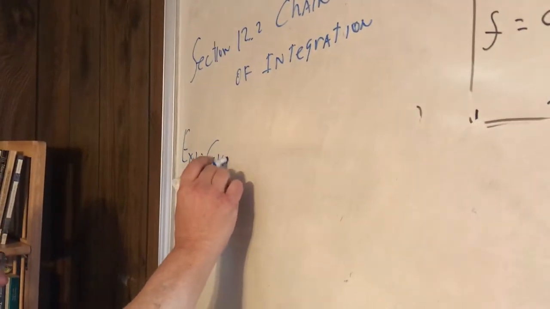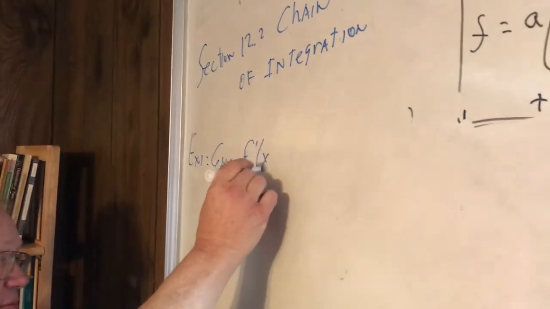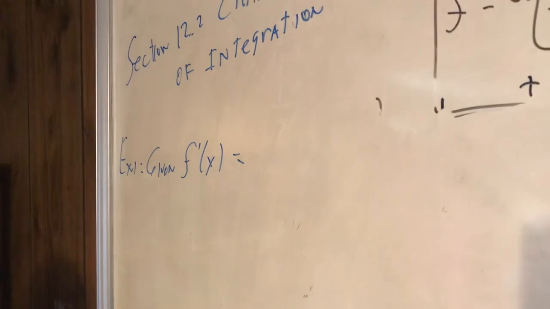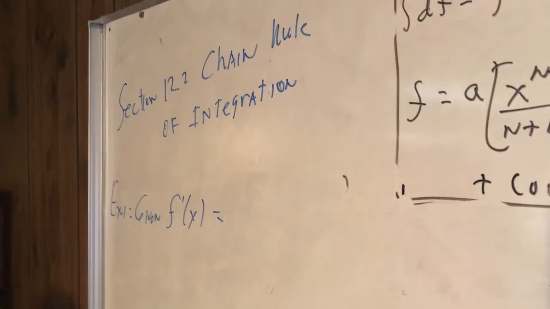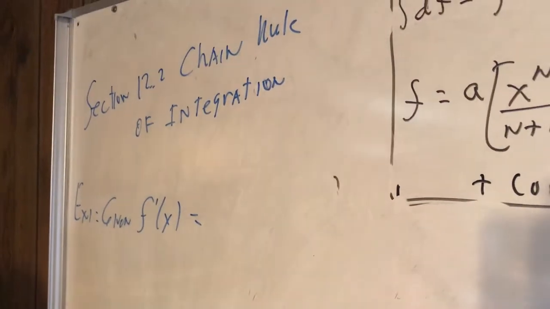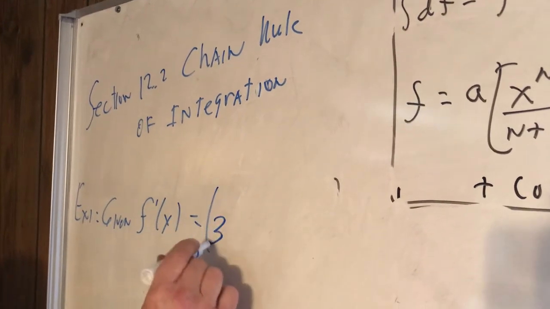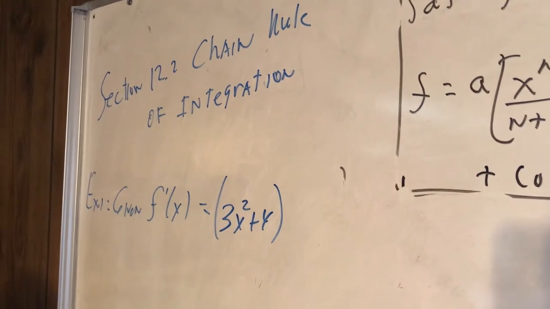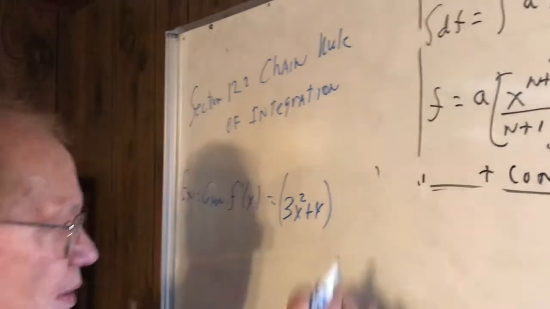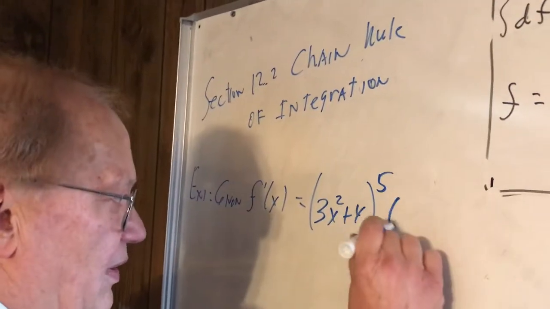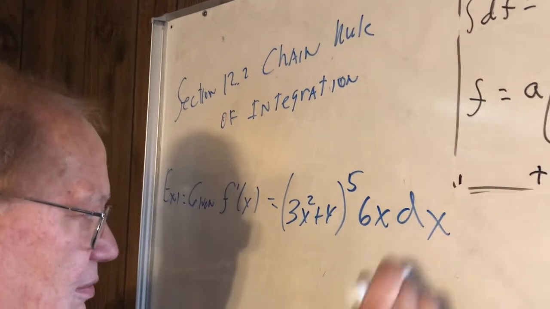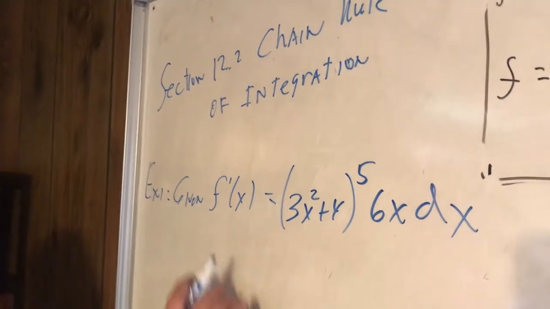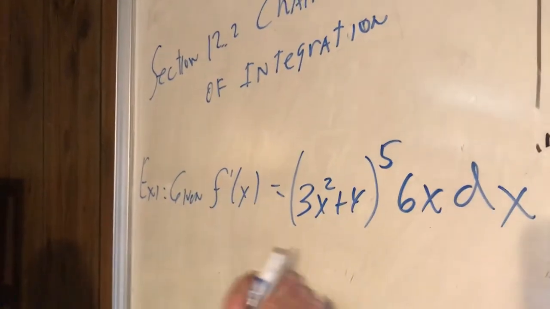So I'm given f equals the integral of 3x squared plus 4 to the 5th, 6x dx. Well, what I did here is I actually did not.